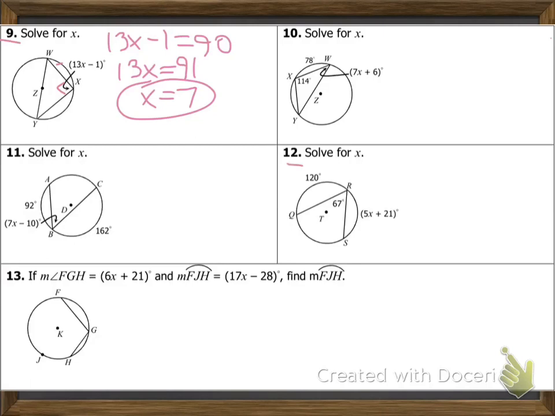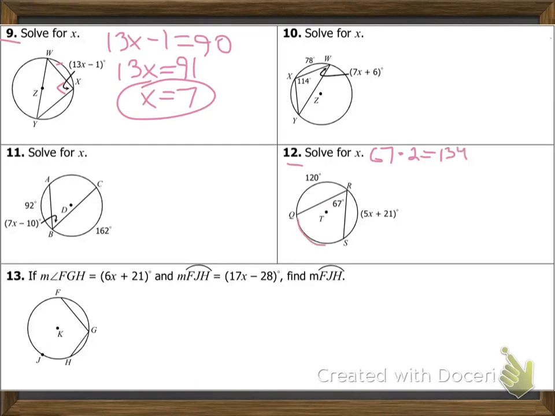Looking at number 12, once again, solving for x. So the thing is, we need to find some of our missing parts on this circle here, because I need to know what this arc is, and that'll help me figure out the 5x plus 21. So if you notice, they tell us that the angle measure is 67. So for that, I can just double that, and that'll tell me the measure of the arc. So if I do 67 times 2, that's going to end up being 134.